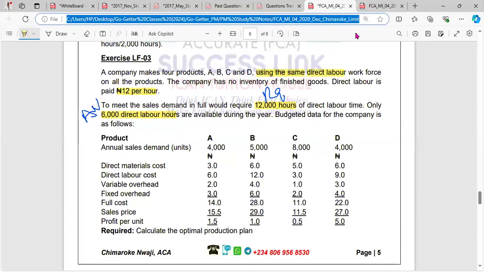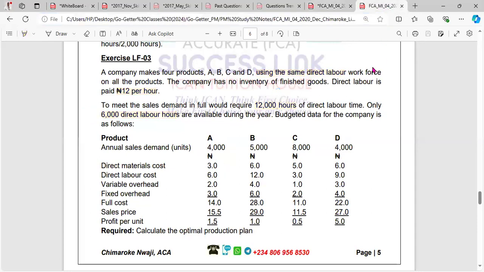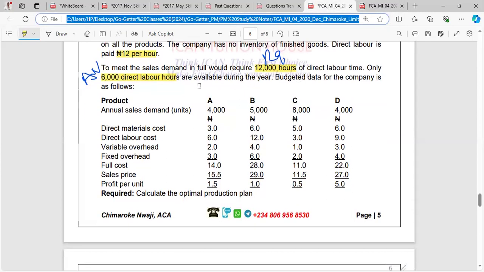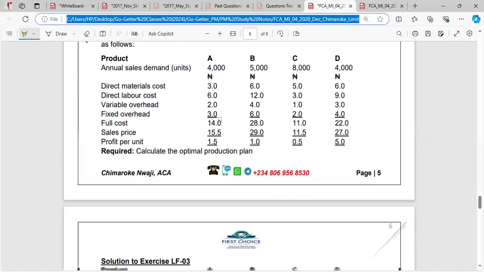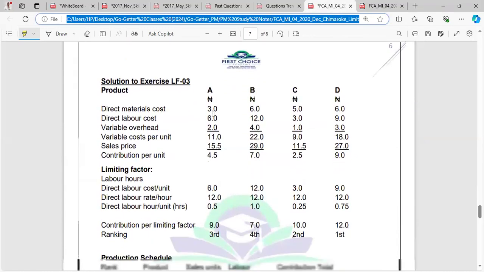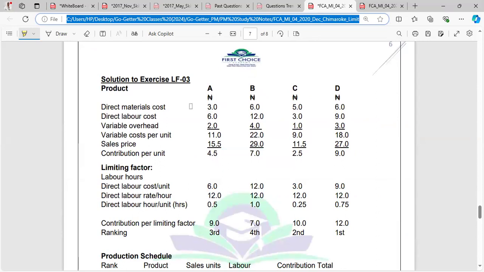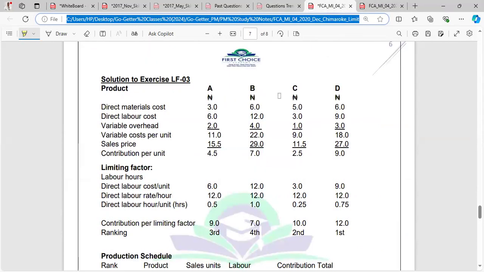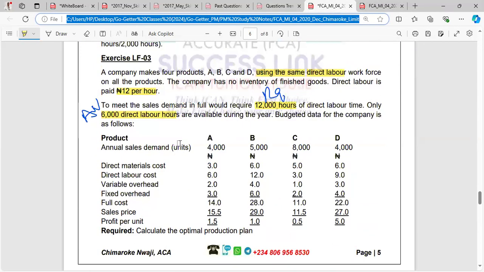Now we'll be looking at making our solution here. Now they said the first thing to do is to calculate your contribution per unit. How do we calculate our contribution per unit? You were given sales unit. Look at your sales unit here.